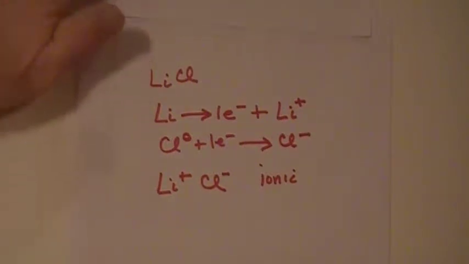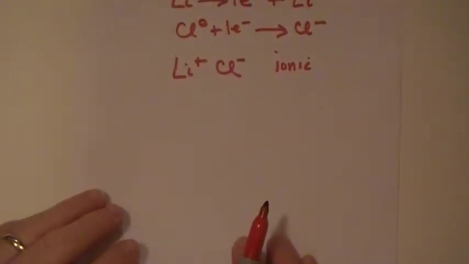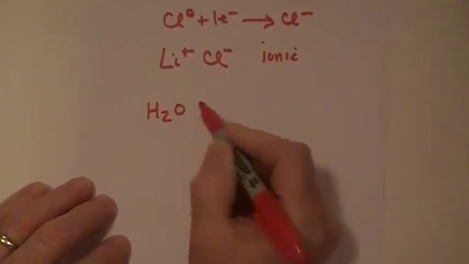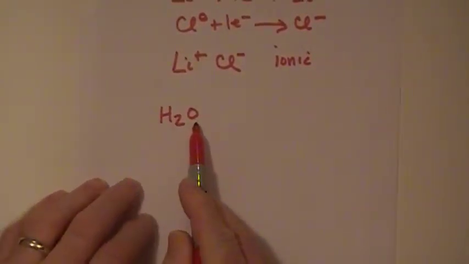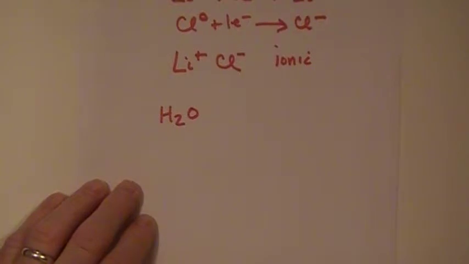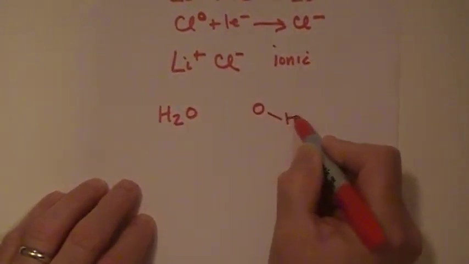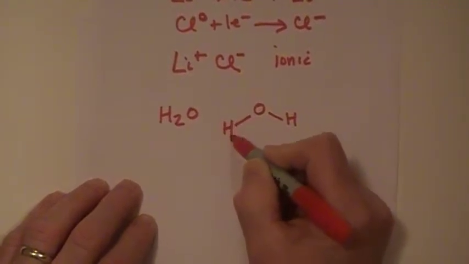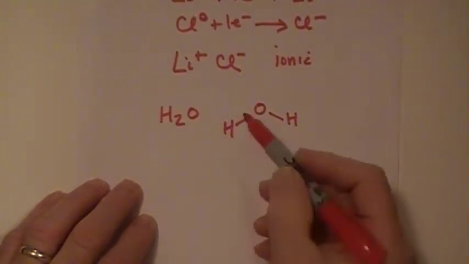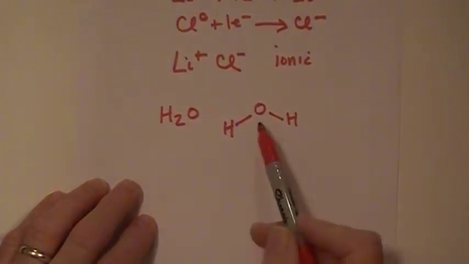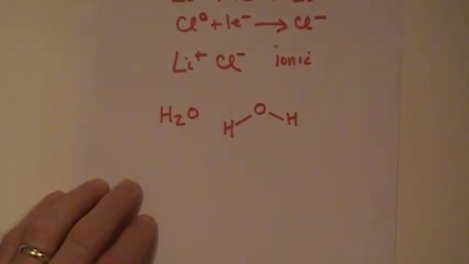Now, compounds like water, this is not a metal, nor is this a metal. These are both nonmetals. And a compound like water is composed of covalent bonds. And these are bonds which share electrons rather than donate electrons from one atom to another.